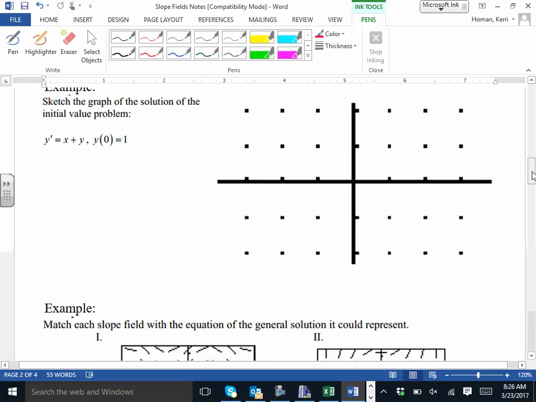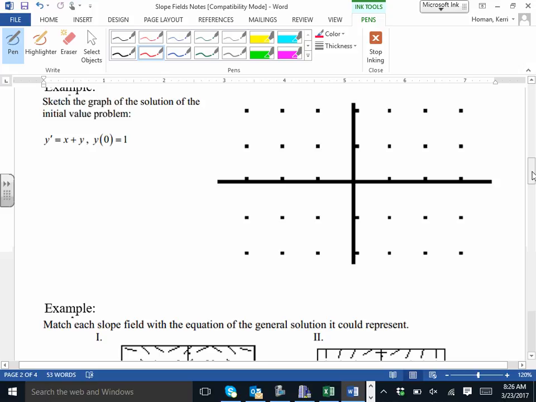Okay, so I've given you a lot of coordinates. All right, so we have y prime is x plus y. So I'll get you started and then I'll have you continue on your own. So x plus y is our derivative.